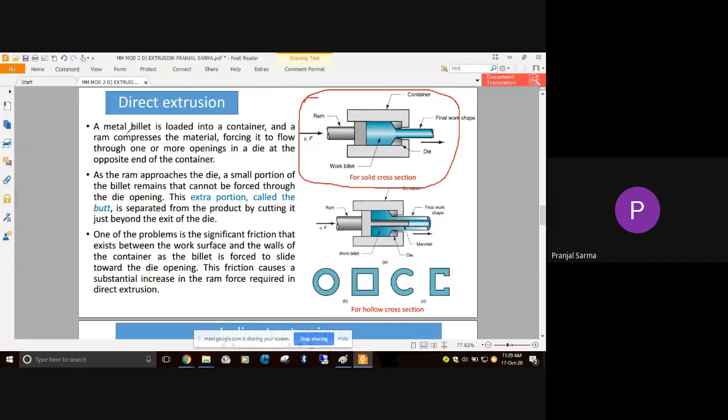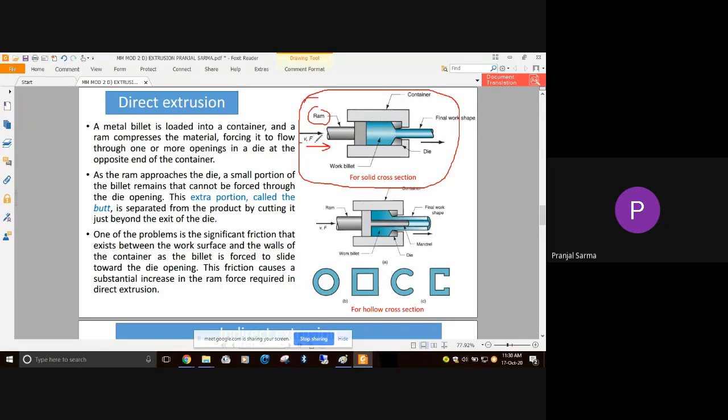We already know that the metal is placed within the container, and we have to force it, to compress it, and the ram compresses the metal. The work metal goes through whatever number of openings. It may be one opening, just like I gave the example for the food. There are generally multiple openings in the die, so one or more openings in that die, at the opposite end of the container.